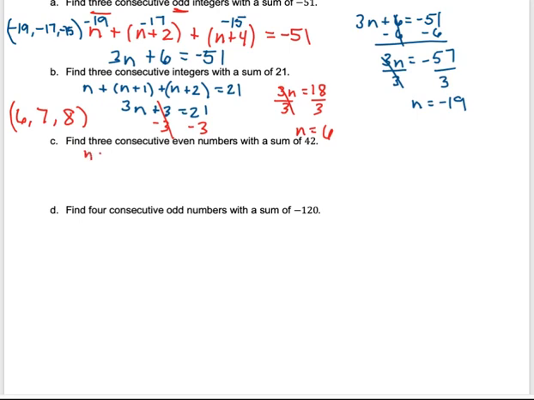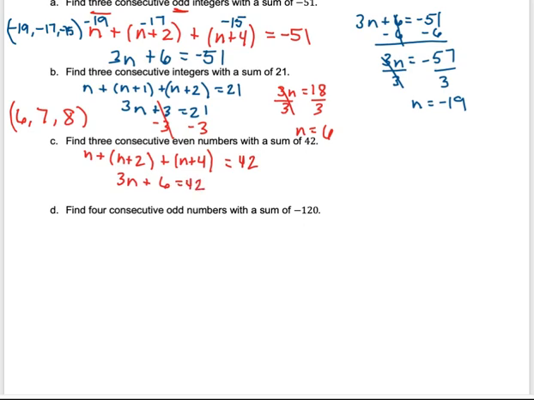I need 3, so I have n, n plus 2 is my second consecutive number, and n plus 4 is my third. If I sum those all together, that gives me 42. So I can combine like terms, n plus n plus n, that's 3n. 2 plus 4 is 6.